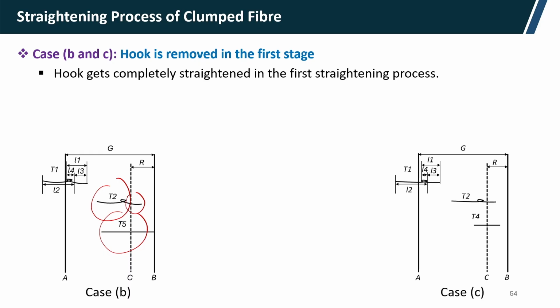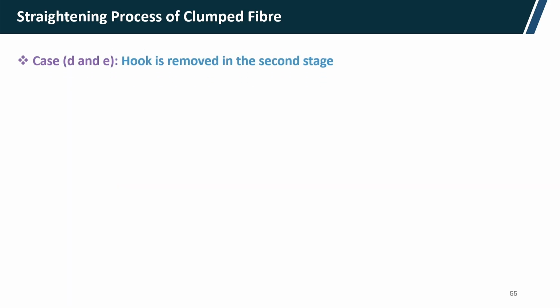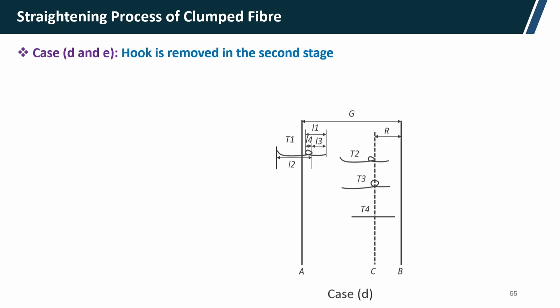And in case C, you can see the straightening time here is given by this relationship, and at T0, T2 equals 0. In case D and E, hook is removed in the second stage.